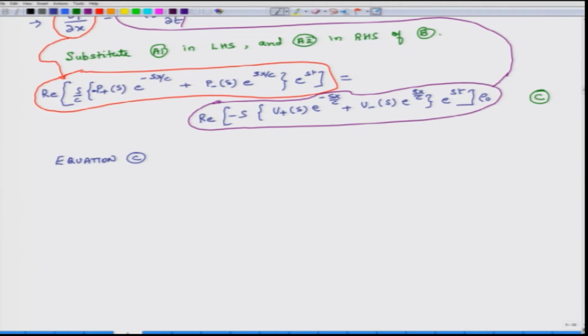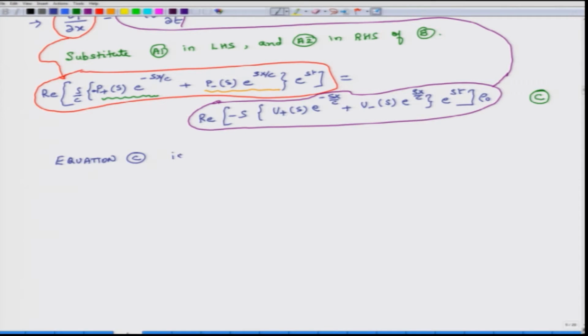And that is going to be possible only if this component equals the component on the right side related to minus s x over c, and this component times s over c is equal to the u negative term. Okay. So, we write these equivalencies.